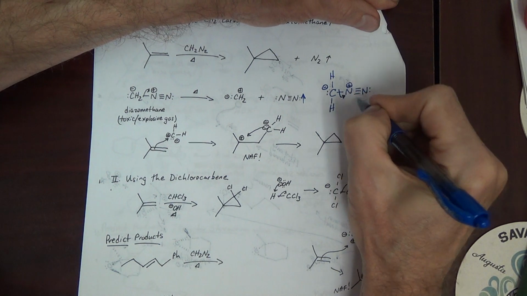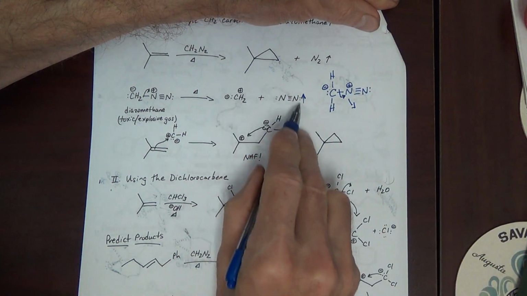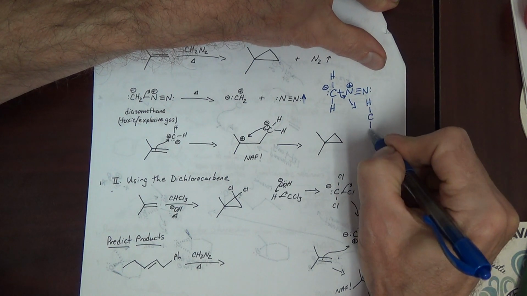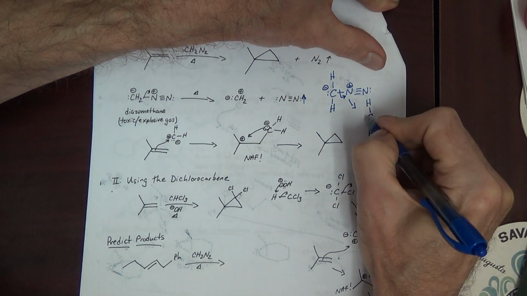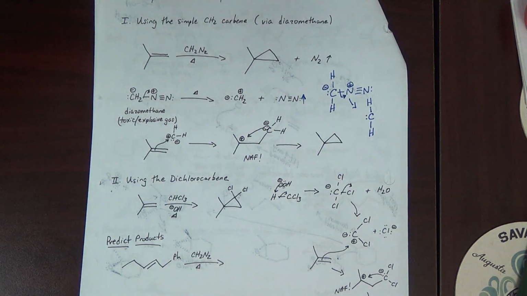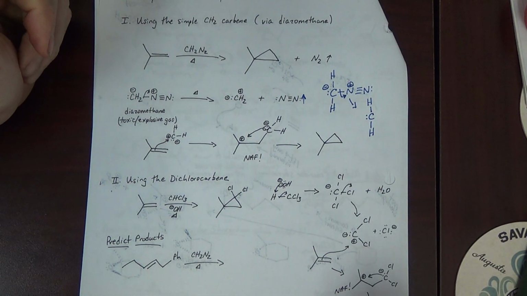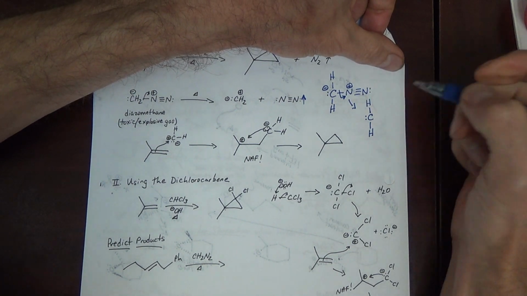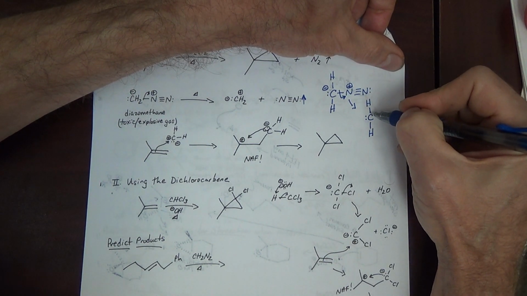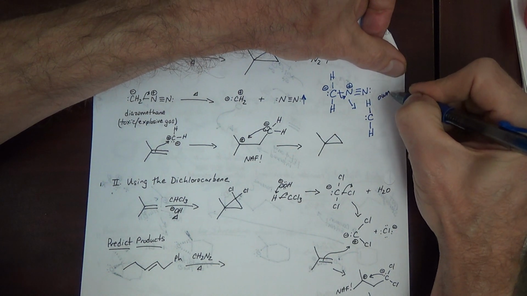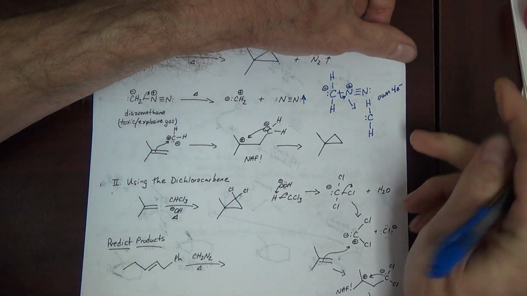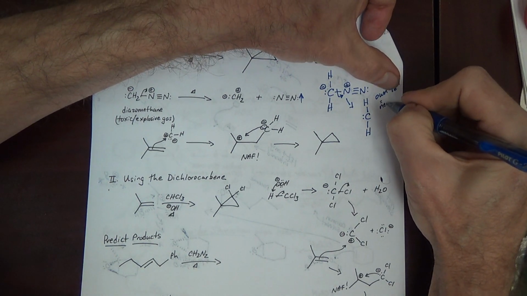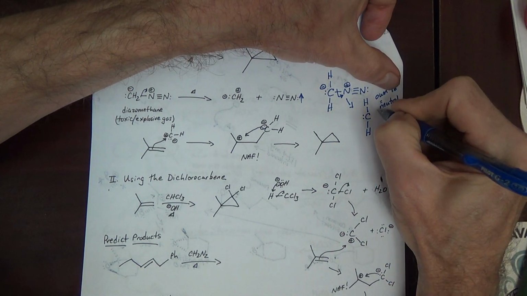When this leaves, that gives the nitrogen, but then we have a carbon with two H's and a lone pair. And that's it. And if you look at the charge here, the carbon owns 1, 2, 3, it owns 4 electrons. And that's how many it's supposed to own. So this carbon is actually neutral.